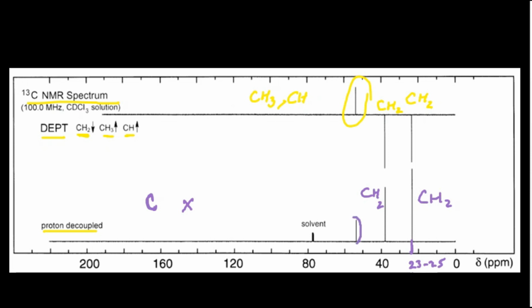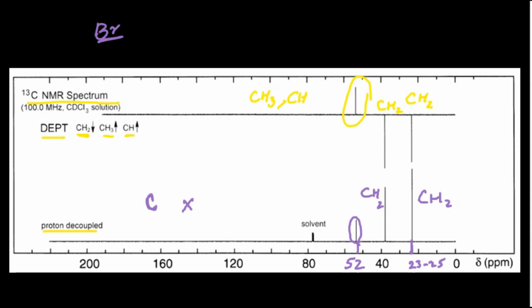So here this carbon is coming in the range of 40 to 60 ppm, or more specifically almost 52 ppm. So it means this carbon is attached to some group. You already know that functional groups are absent, so it means that it is attached to an electron withdrawing group. Now if you see in the mass spectrum, we know that a bromine atom is present. So it means this carbon is directly attached to the bromine.